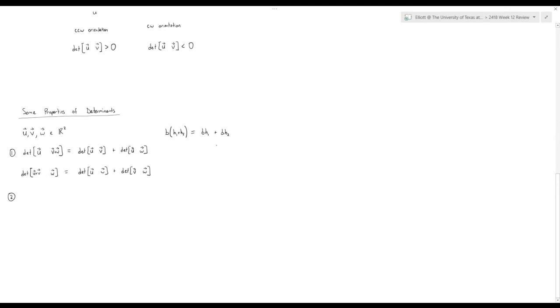So that's the idea of that property. Okay. And then this second one is similar. The height determined by v plus w is the same as the height determined by v plus the height determined by w. Okay.